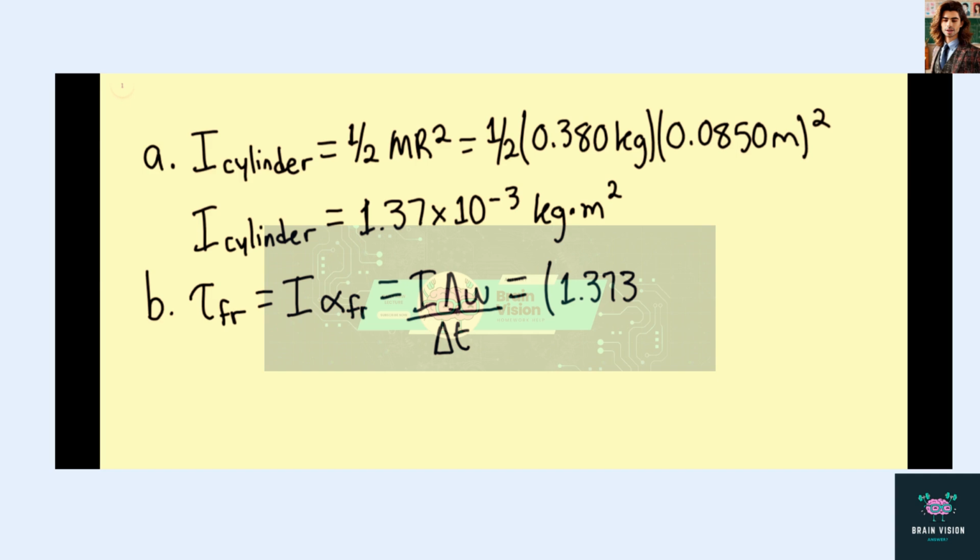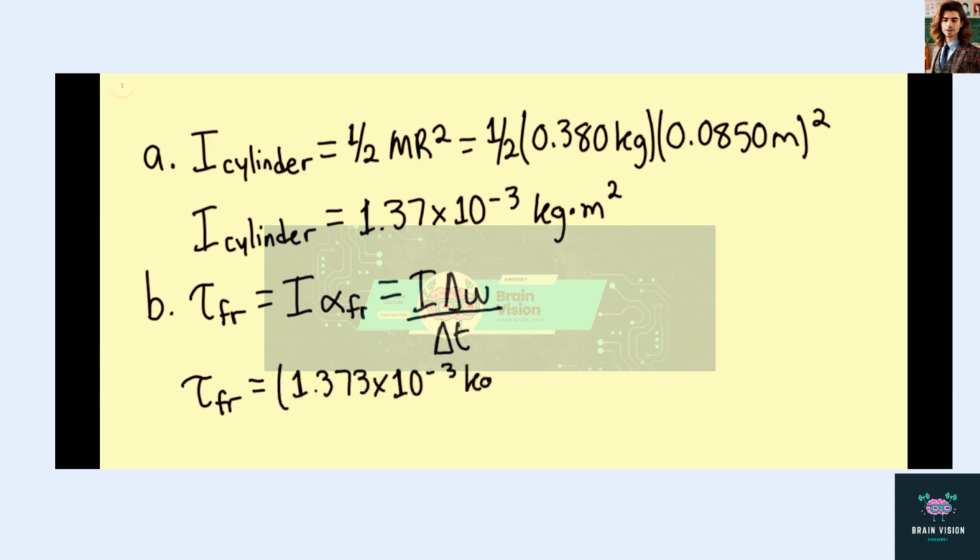Let's do a new line. 1.373 times 10 to the negative third kilogram meters squared. We're going to multiply this by 0.100 RPMs.